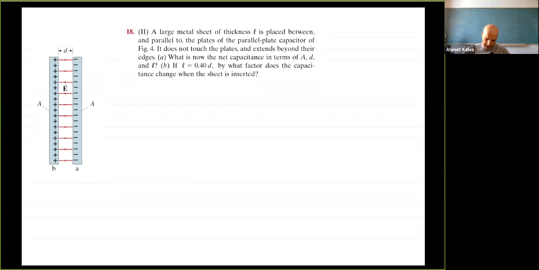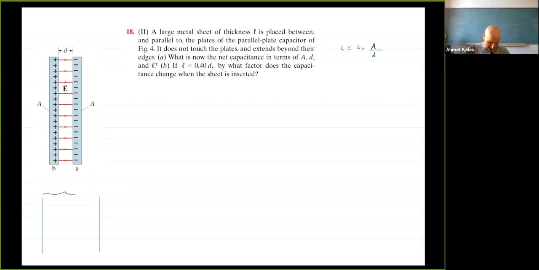So A, D, and L are given, everything is known. So I can calculate the capacitance without the metal sheet. And it is purely geometrical, right? It's epsilon naught times area divided by the distance between the plates. So it's something like that. This guy has some electric field.